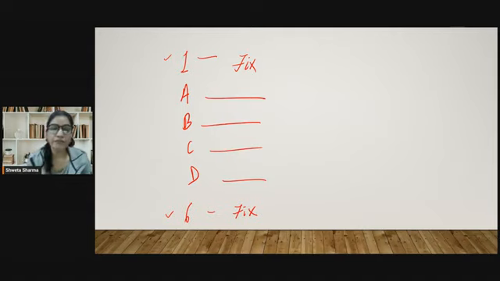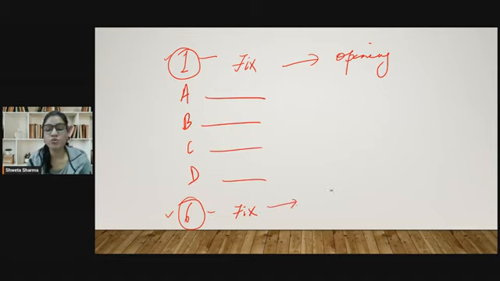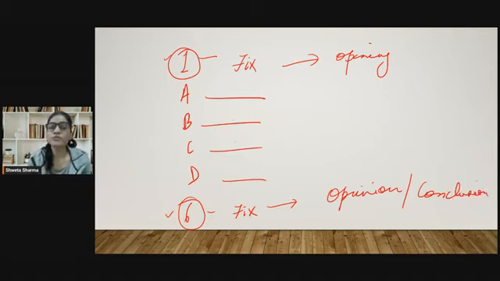If I have the first sentence and the last sentence fixed, naturally I know my opening sentence and the sentence where I have the author's opinion, or more of a conclusion, fixed for me. So all I can do is play around with these 4 sentences.